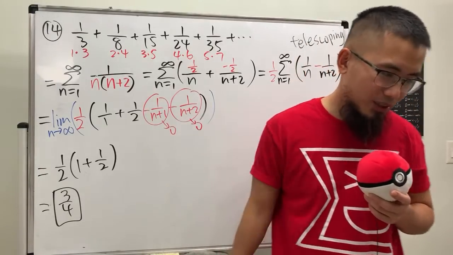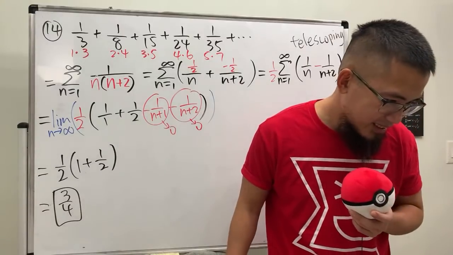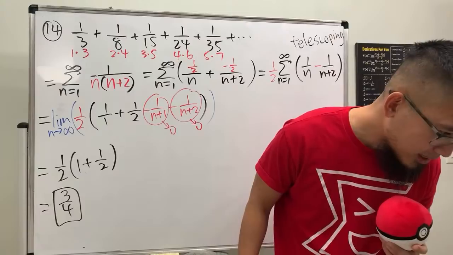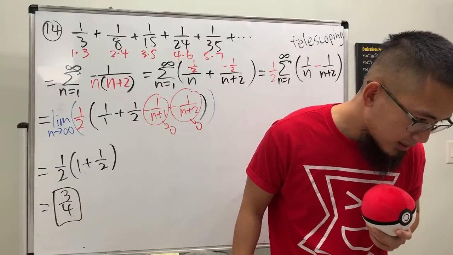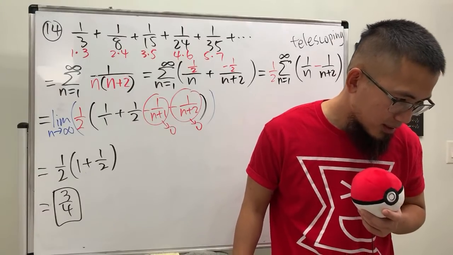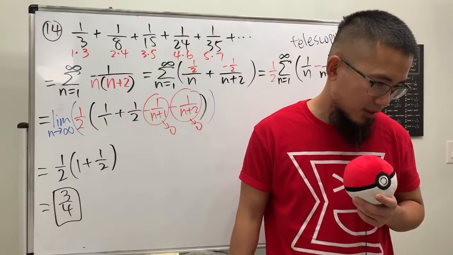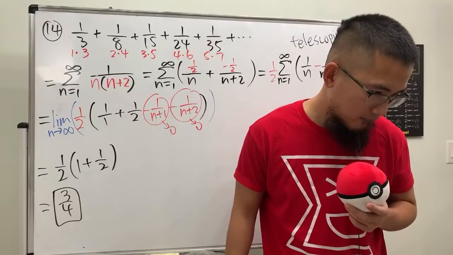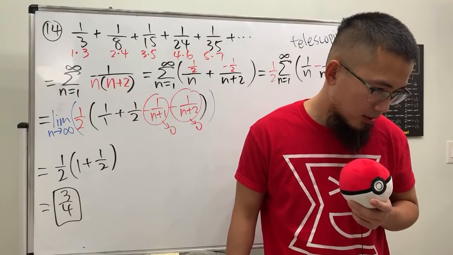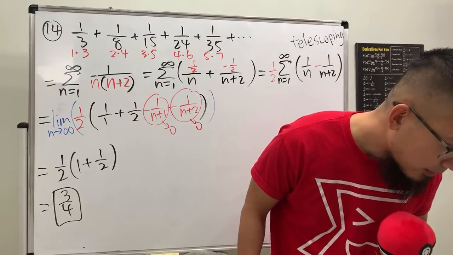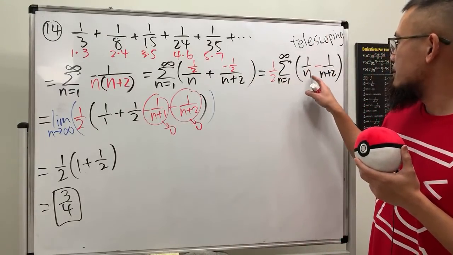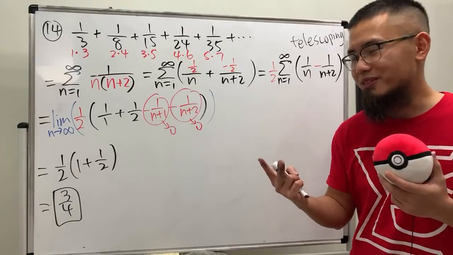Good? Are we good? All right, so when you have this and that, if they're off by 2 terms, right?